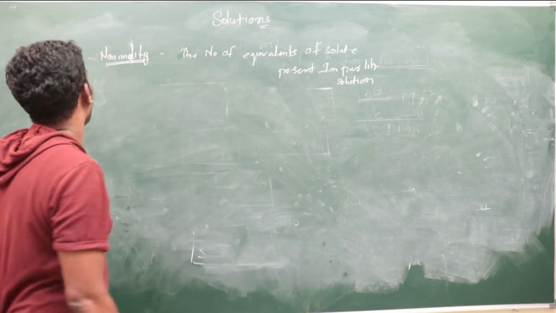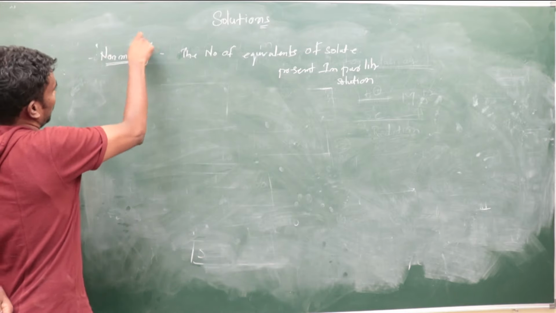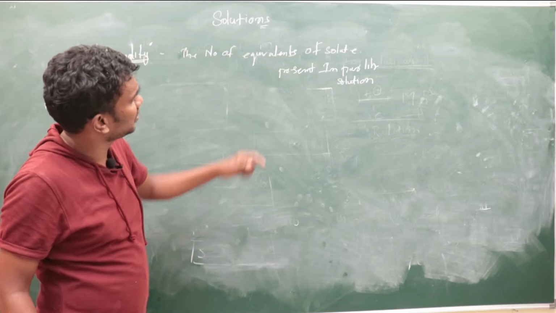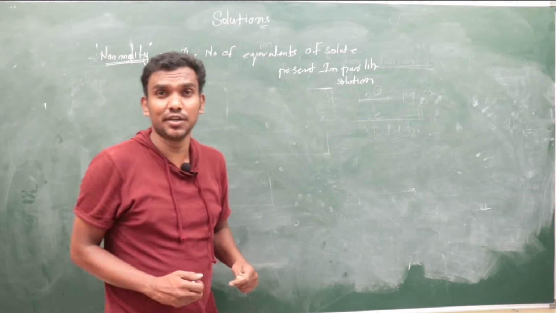So generally normality is used in titrations in laboratory, sir. Here the number of equivalents of solute present in per liter solution, sir.